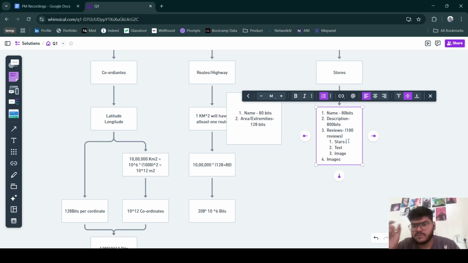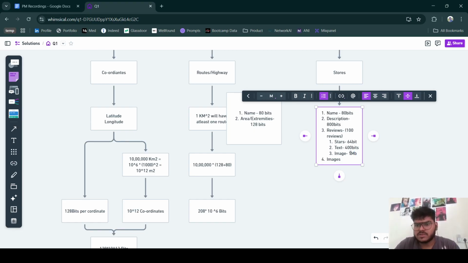Each review will have a star associated with it, which is a floating number, occupying 64 bits of storage. Similarly, the text is going to occupy around 400 bits, and for an image, for an approximation, let's take an image size of 1 MB per image.